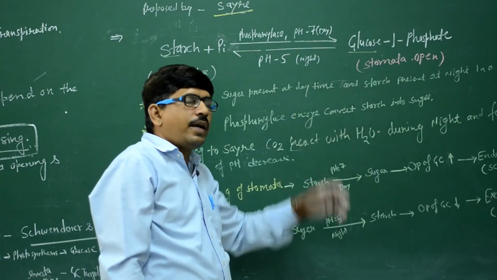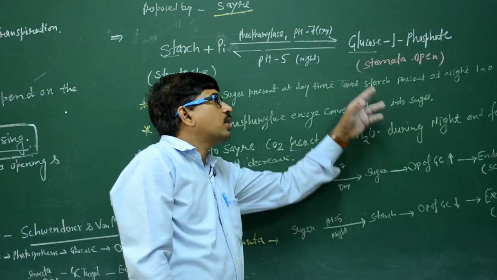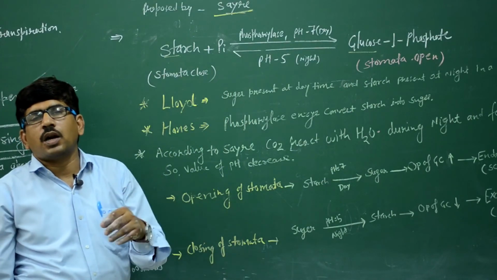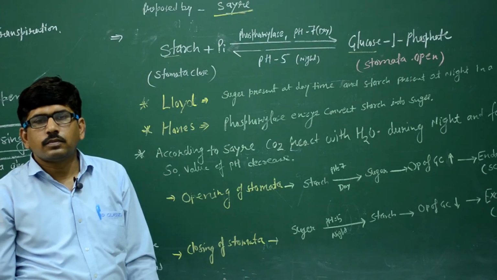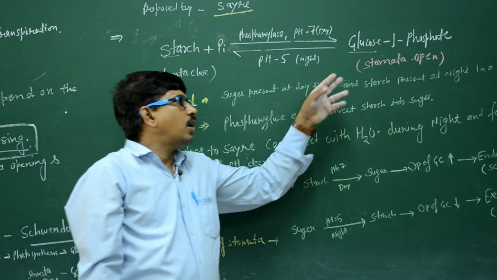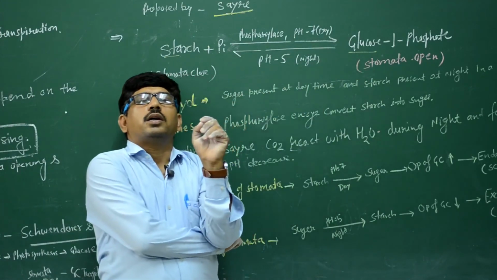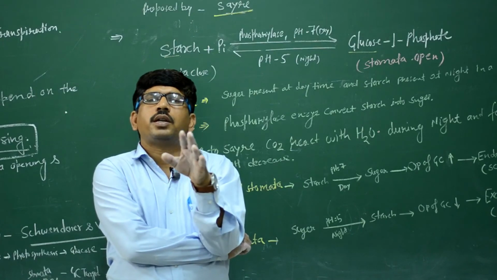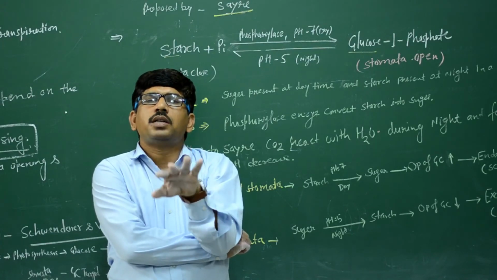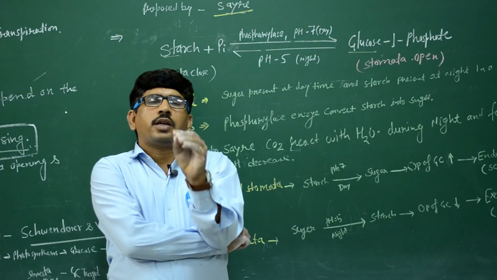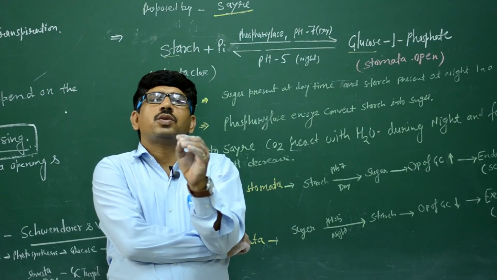So at the night, the glucose 1 phosphate is again converted to starch, because in the night the pH decreases. Why does the pH decrease? Because in the night the pH decreases due to the increase of CO2.